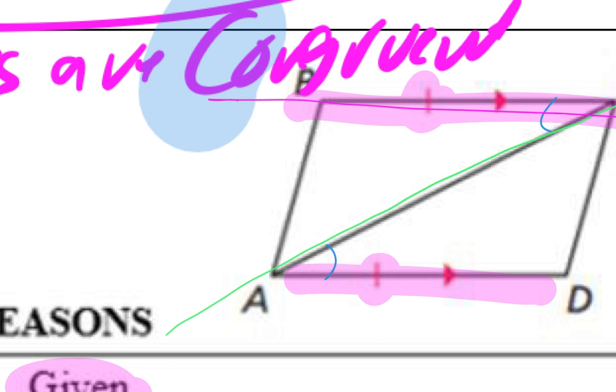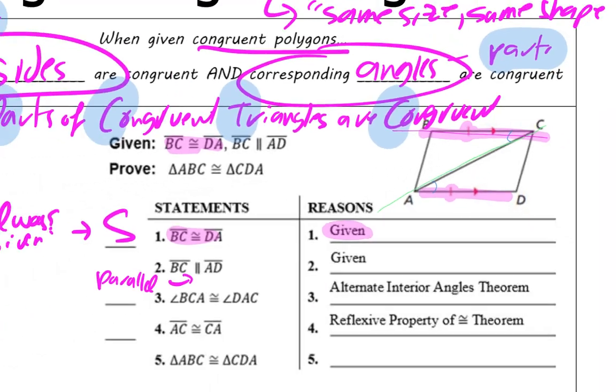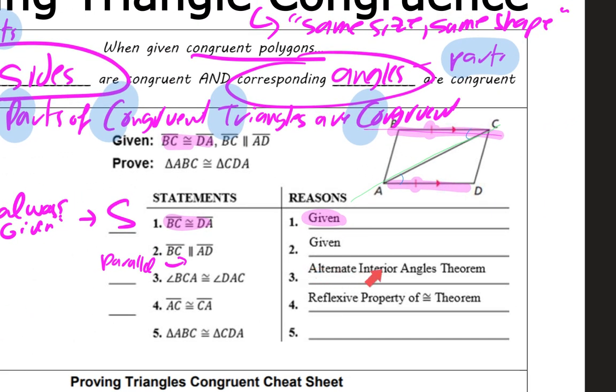We know that because of the alternate interior angles theorem, which we talked about in recent lessons. Those are angles, these are sides, so that's going to be an angle right there.